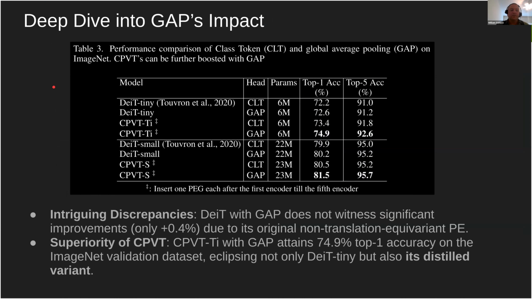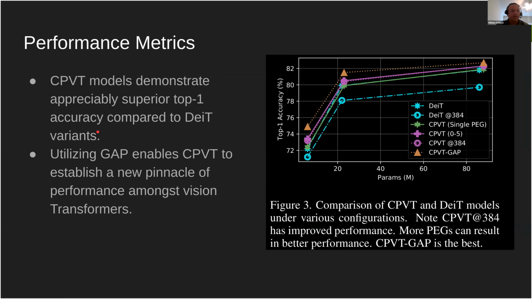The global average pooling doesn't provide a huge improvement, but it provides like a 1% or 1.5% improvement. But it's faster and lighter weight than the class token. And the CPVT, their model, for a given number of parameters, does better than the traditional transformer.